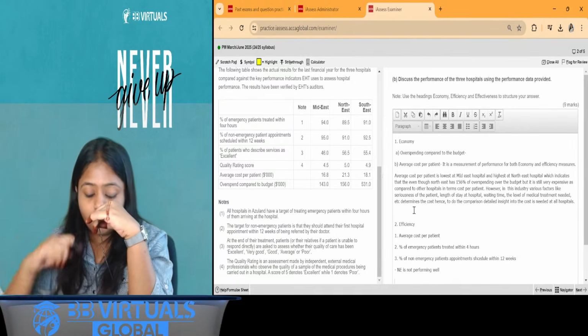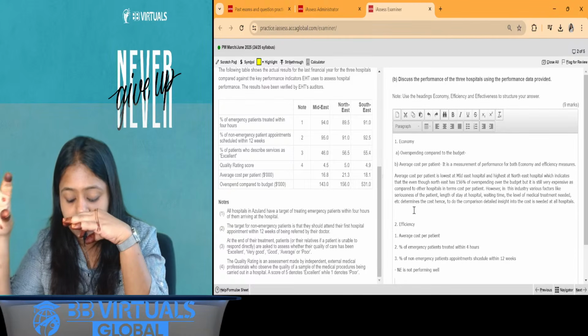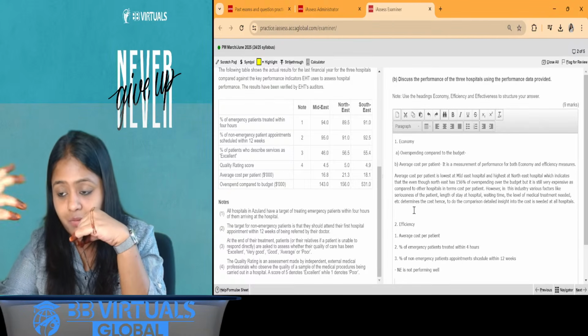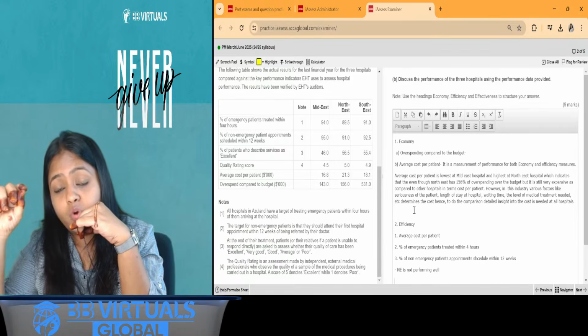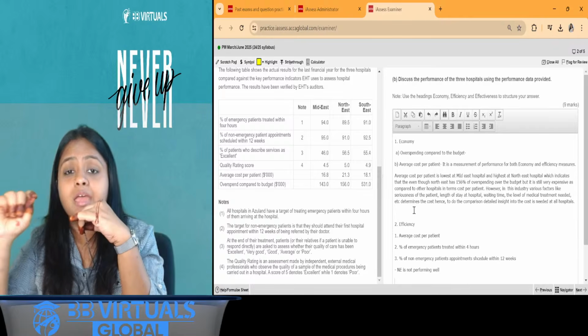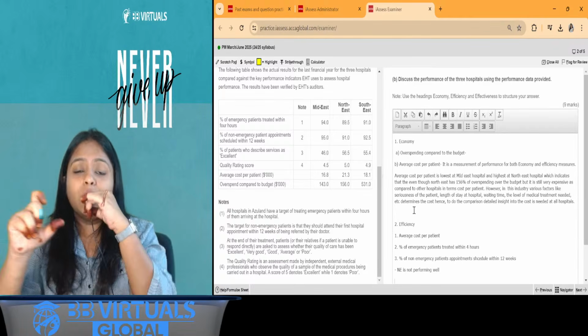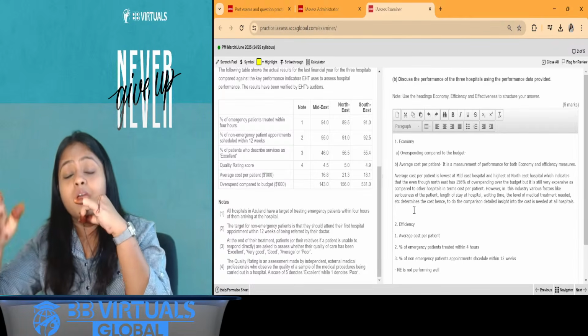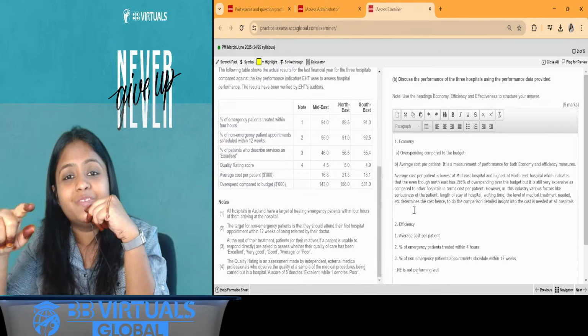Northeast Hospital in both the areas is falling short of target. So what we need to do is, we not only need to investigate in case of Northeast, why it is falling in comparison to other hospitals, but for other hospitals also we need this investigation.